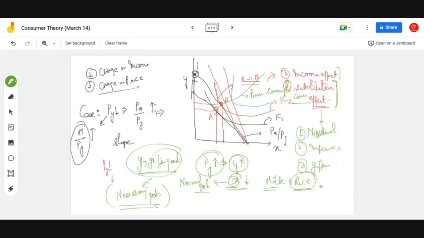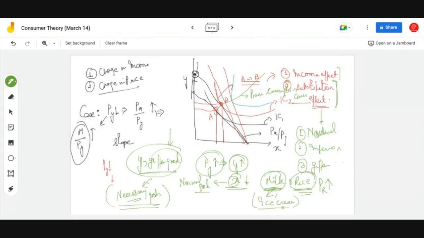So when the price of rice is increasing, let's say PR is increasing, what we actually do is decrease the consumption of milk and increase the consumption of rice. It is necessary to understand that given goods are also necessary goods, and that's why we cannot decrease the consumption of these necessary goods. So we decrease the consumption of other goods like milk in this example, or rather than milk, let's say ice cream.